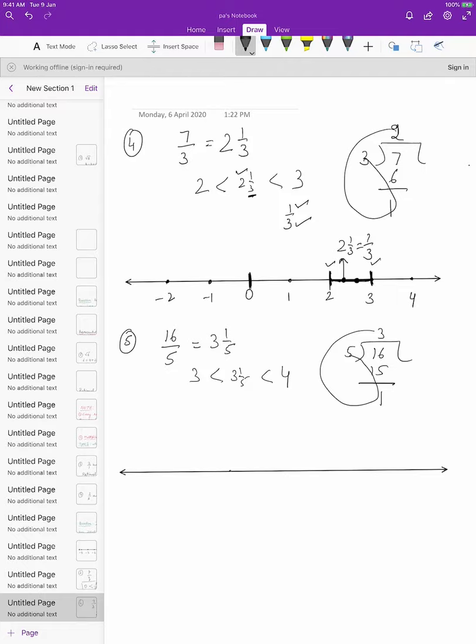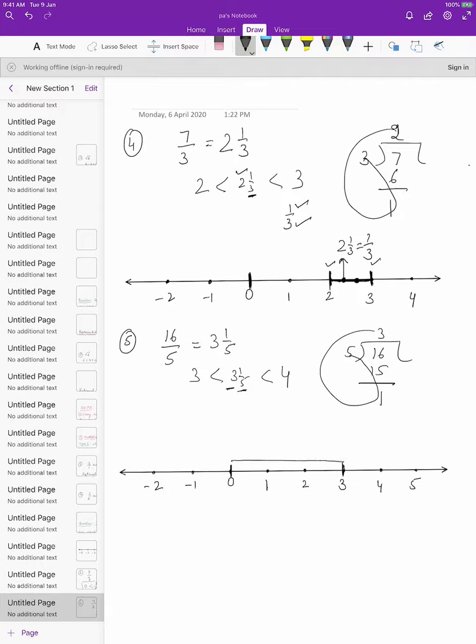So let's start marking the numbers 0, 1, 2, 3, 4, 5 and so on. Similarly, you can mark a few negative numbers as well if you want. Now 3 1 by 5 lies between 3 and 4. That means the 3 complete number is represented on the number line from 0 to 3.